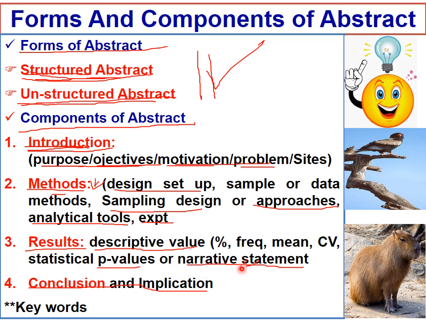Sometimes it might be in terms of narrative statements. This is common to these social-related studies in which they might be giving their findings in terms of statements without the use of numerical values and so on. And then you will end up with conclusions and their implications pertaining to your study.